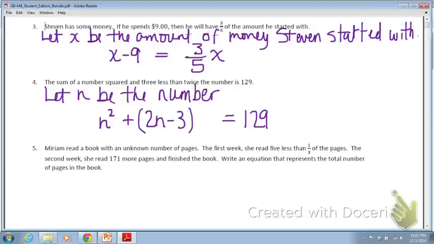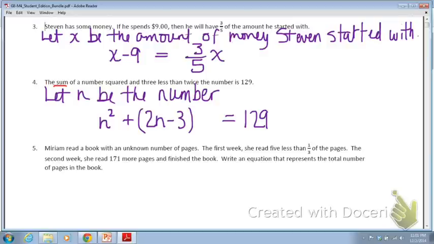And so the sum of a number, so here's sum, there's our sum, addition. The sum of a number squared and 3 less than twice the number.